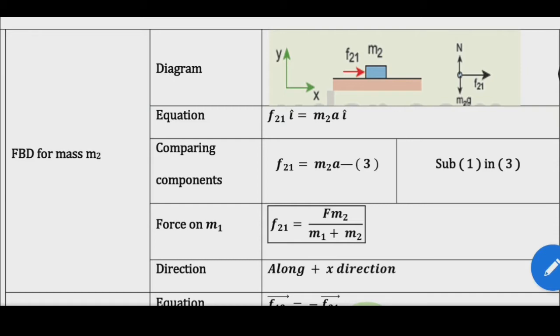By comparing the components on both sides of the above equation, F21 is equal to m2 A. This is equation 3. So substitute equation 1 in 3. Now we get F21 is equal to F m2 by m1 plus m2. The direction of this force is along the positive x direction.